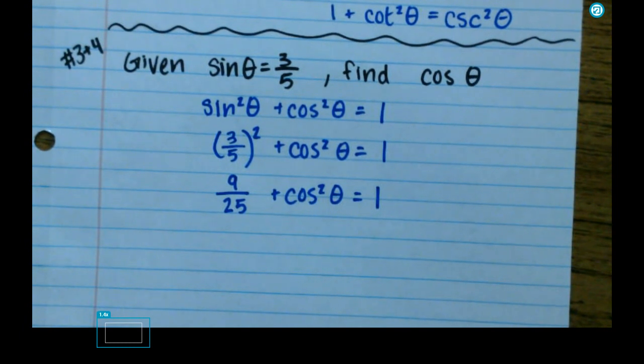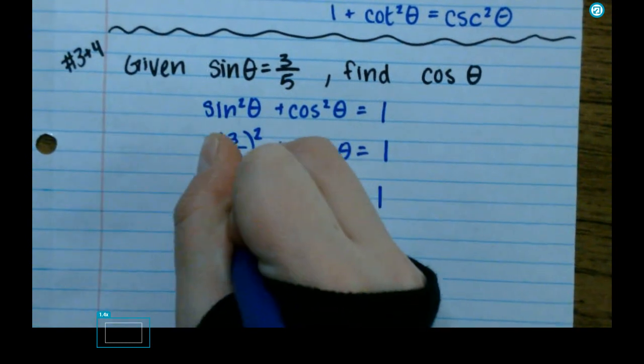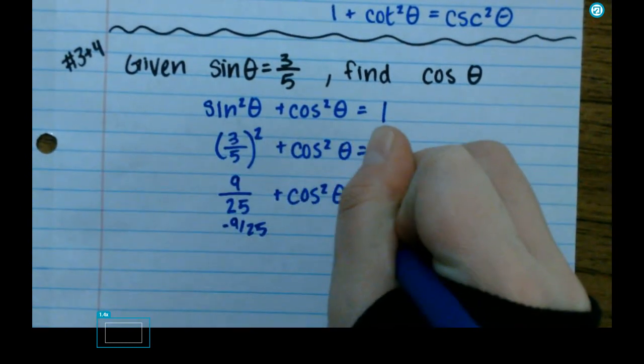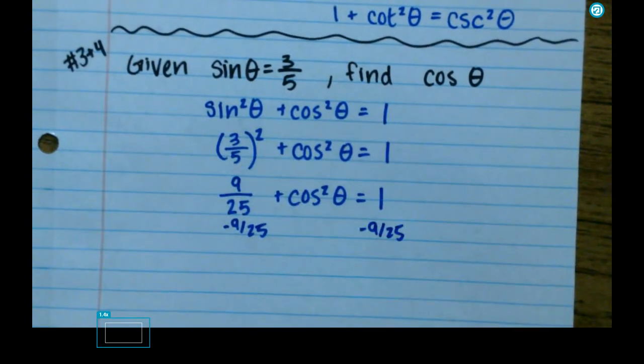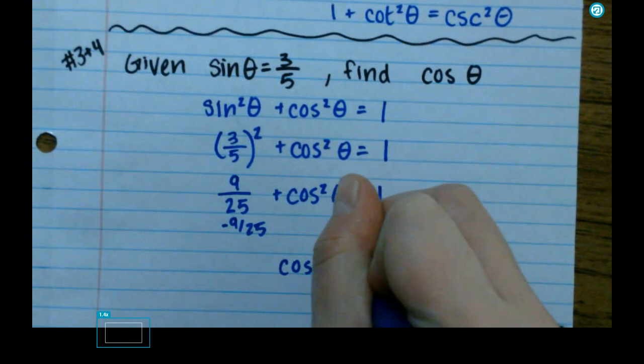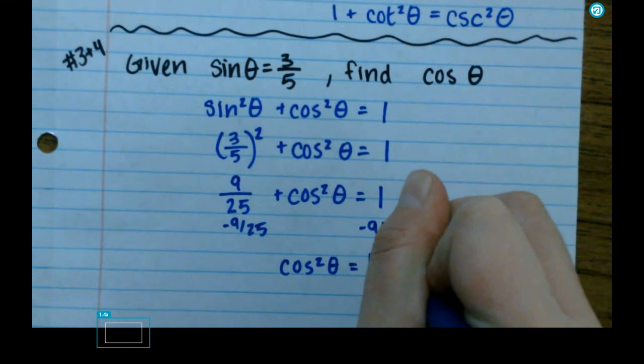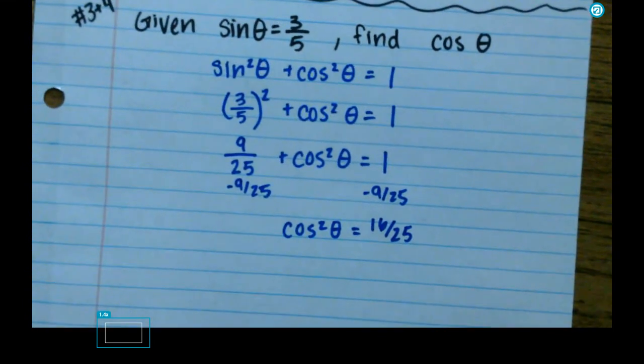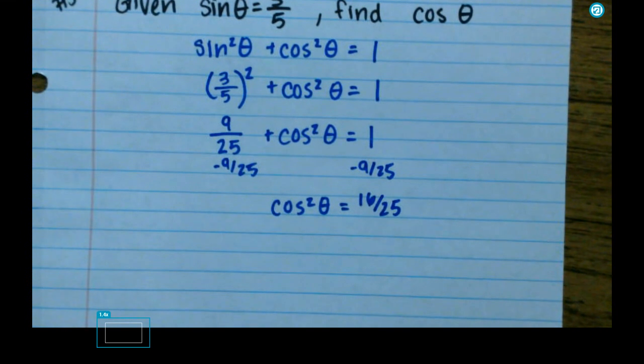And then we can subtract 9/25 from both sides. 1 minus 9/25 would be the same as 25/25 minus 9/25. 25 minus 9 would be 16 over 25. So I now know that cosine squared of theta equals 16 over 25.